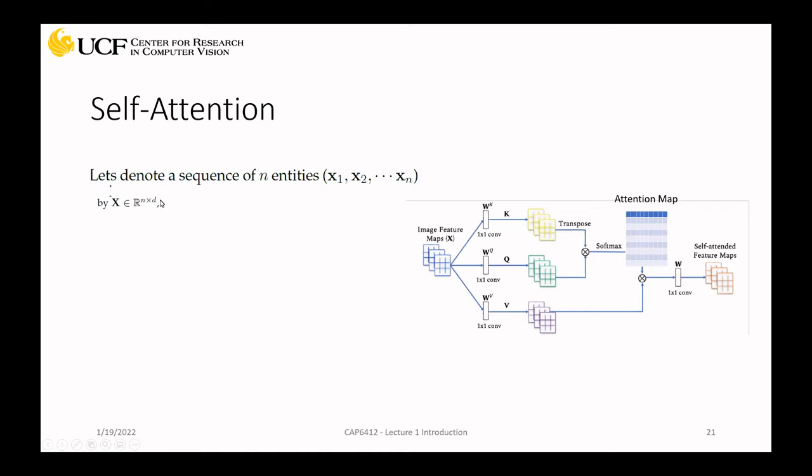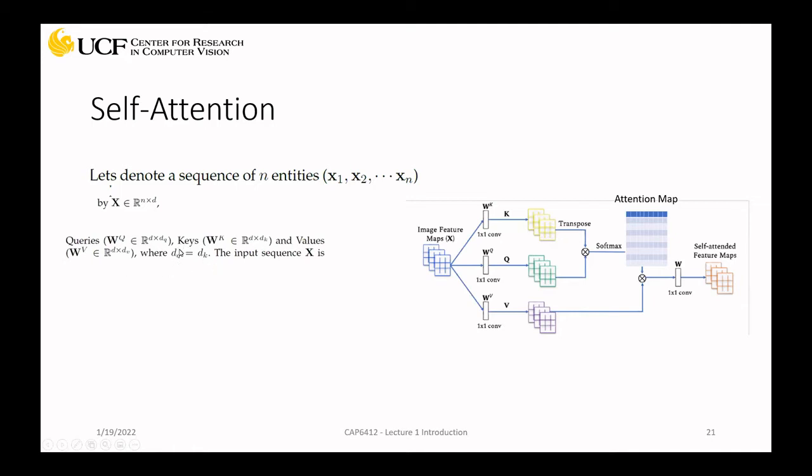Now, as we did before, we are going to take the WQ matrix, WK matrix and WV matrix, and we get a query, key, and value. The dimensions of the WQ matrix are D by DQ, and D by DK, and D by DV.